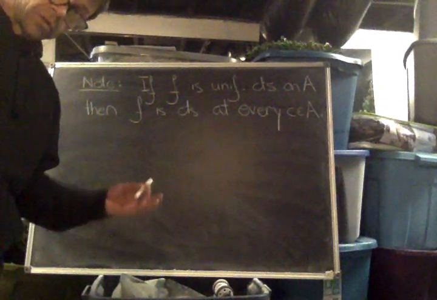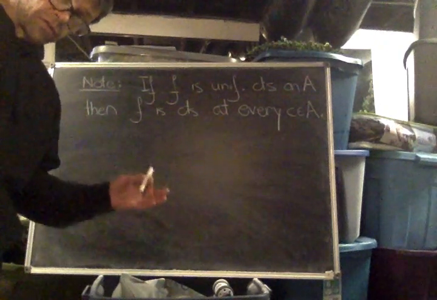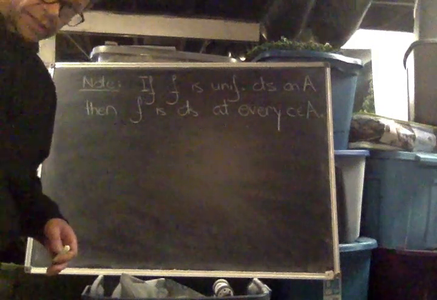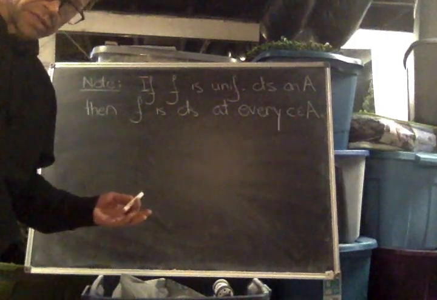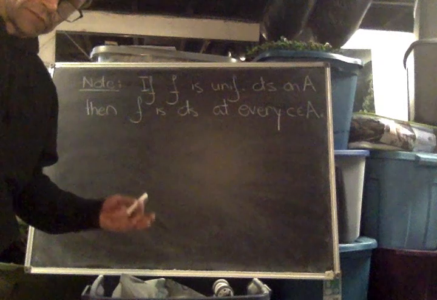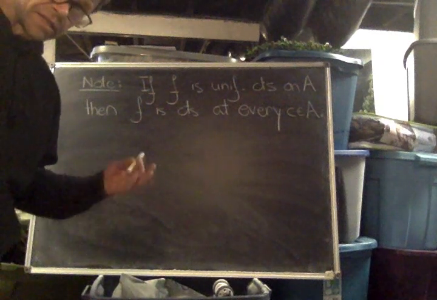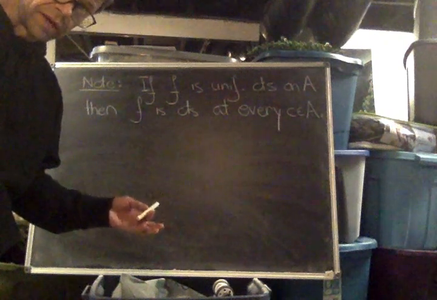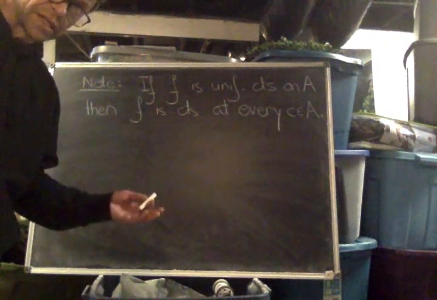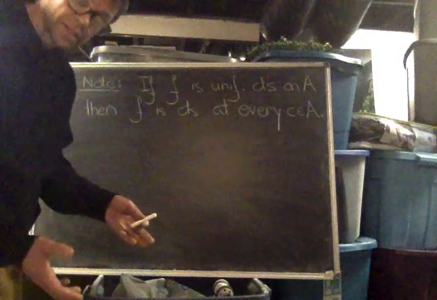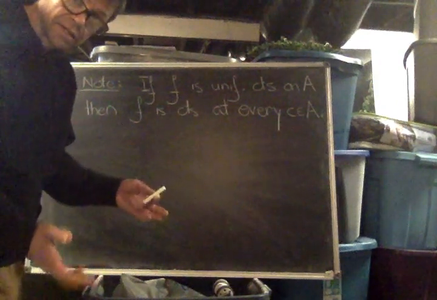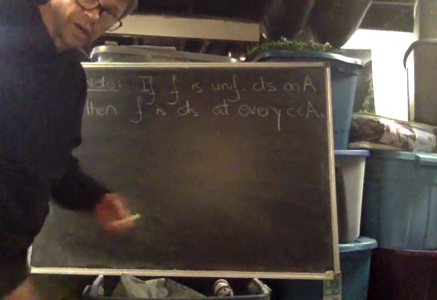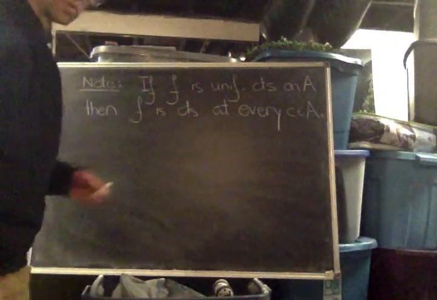Now I'm going to tell you what it means to fail to be uniformly continuous. I'm going to give you the sequential characterization of the failure of uniform continuity, because that is the characterization that is most practically useful. Okay, that's typically the way that you would take an example. If I gave you an example on a test and I said, here, this is not uniformly continuous, explain why. Show me why. This is what you would employ.